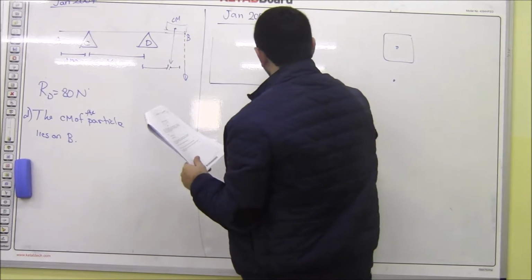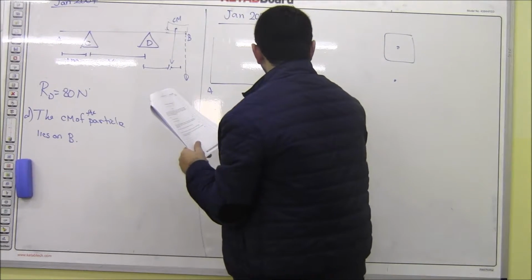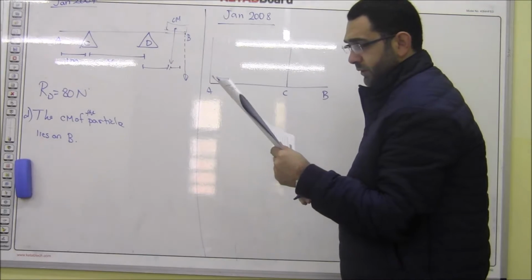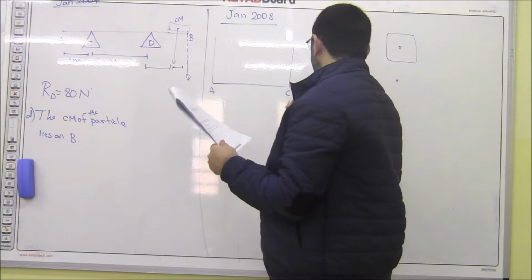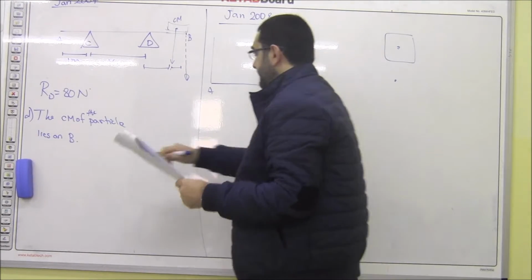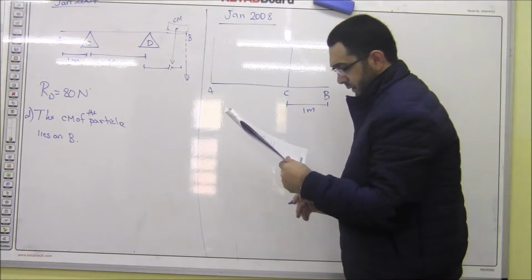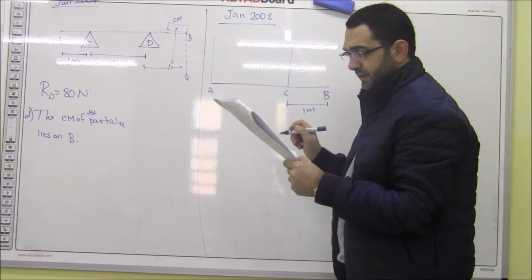This rod is attached to two wires, A and C, which is uniform, in equilibrium. BC is 1 meter. One rod is attached at A and the other at C.